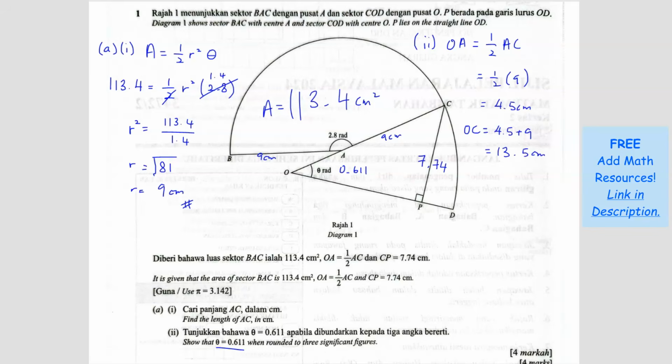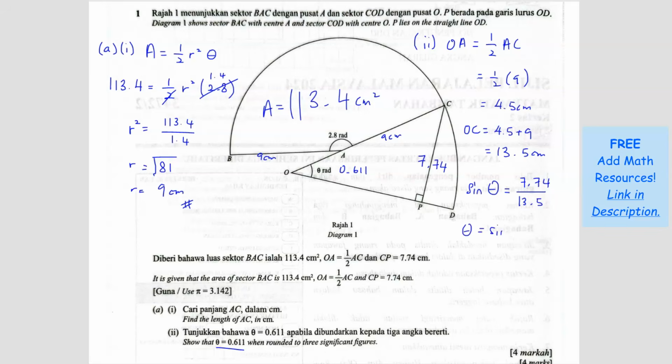So now we can do SOHCAHTOA. We have the opposite and we have the hypotenuse, so we can use SOH. Sine angle equals opposite over hypotenuse, which is 13.5.